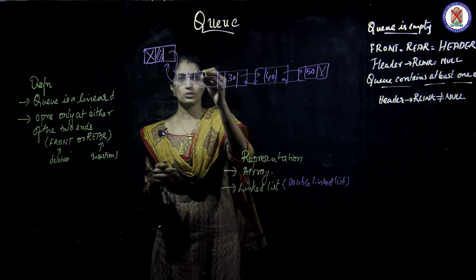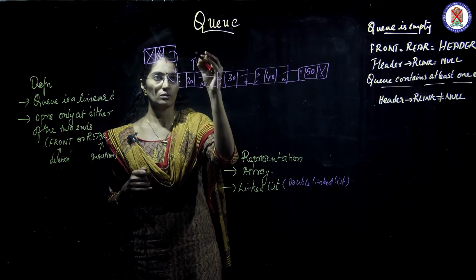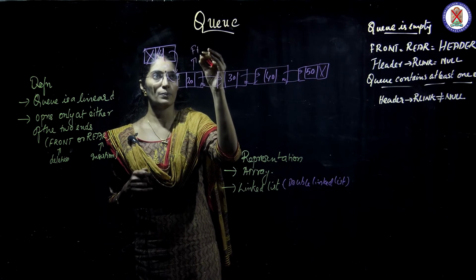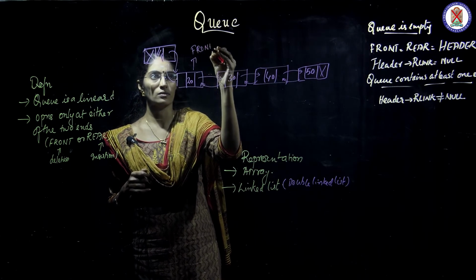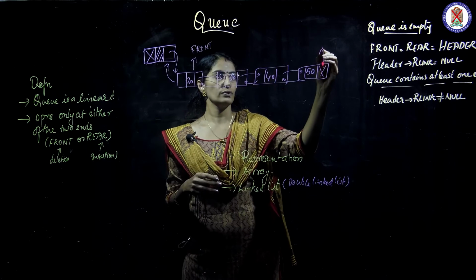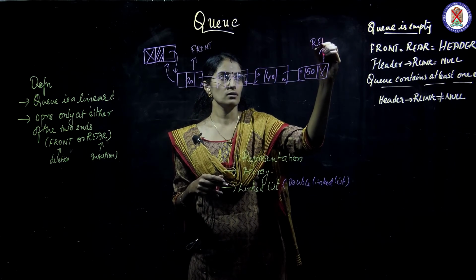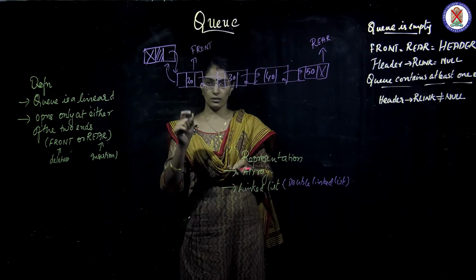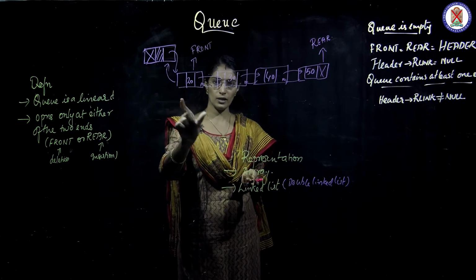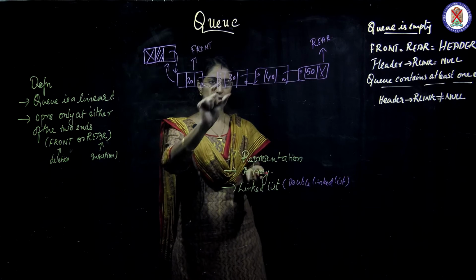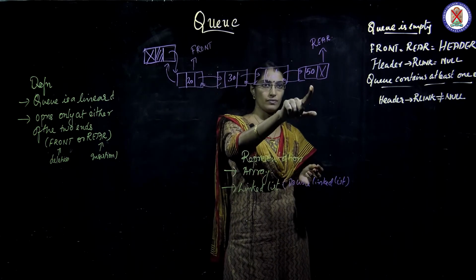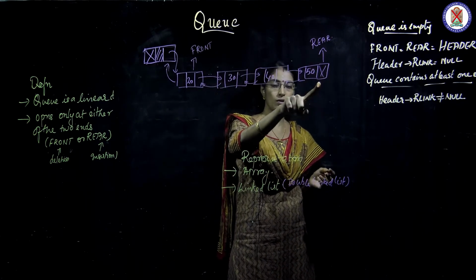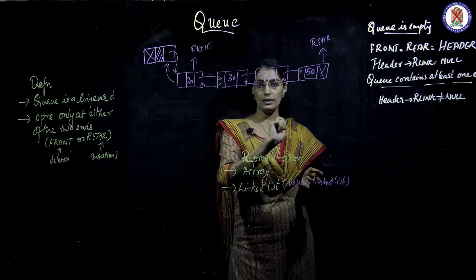So in this figure, the first node 20 represents the front, and the last node 50 represents the rear. First you insert the first node 20, then the next node 30, then 40, and lastly 50, and the right link of the last node will naturally be null.